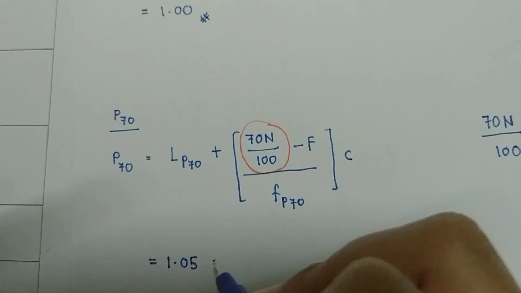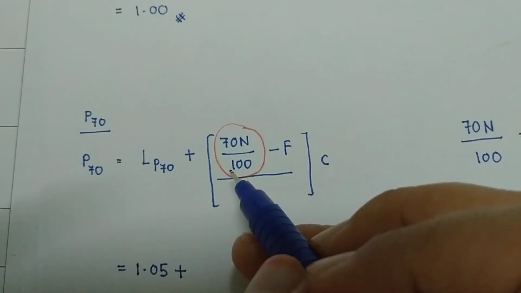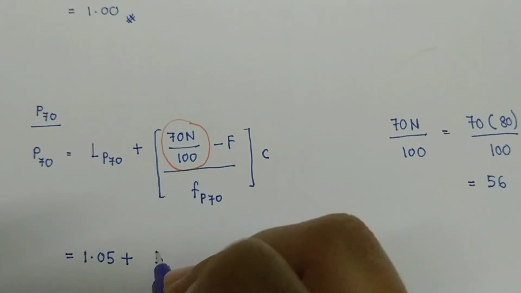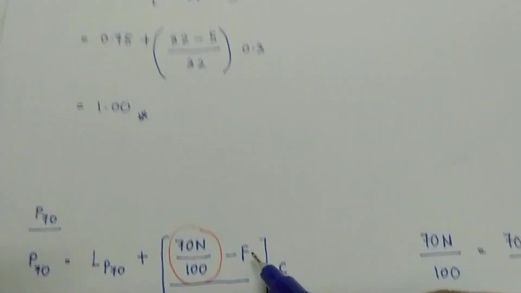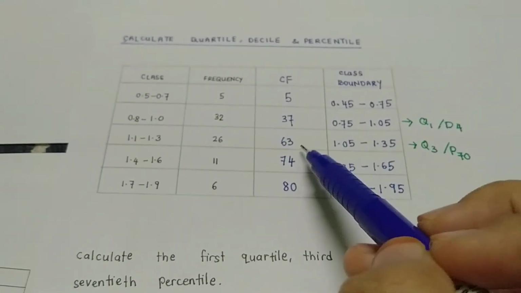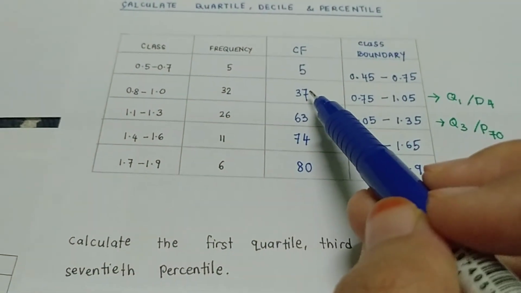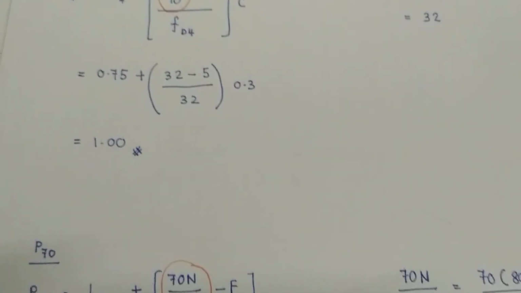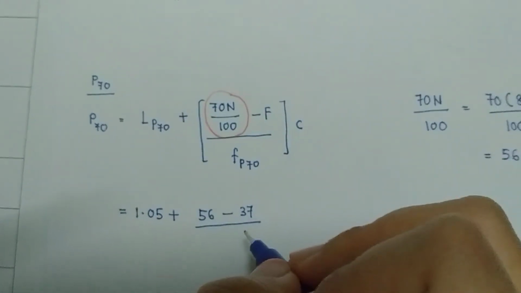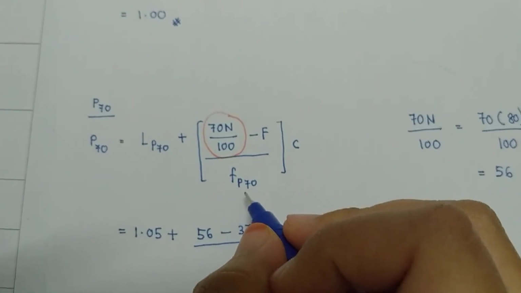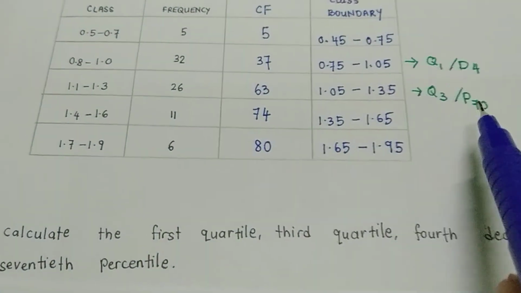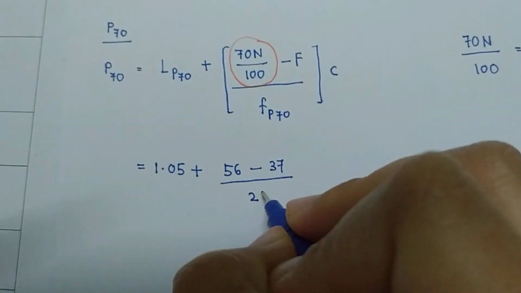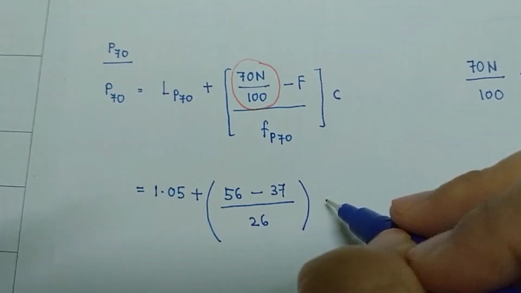So the lower class boundary plus 70n over 100, which is 56, minus F, the cumulative frequency before the P70 class, so 37, and then divide by the frequency of the P70 class, which is 26, and then multiply with the size of class, 0.3.